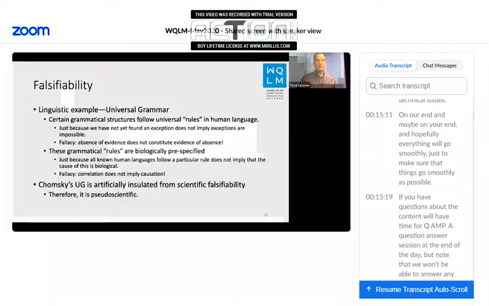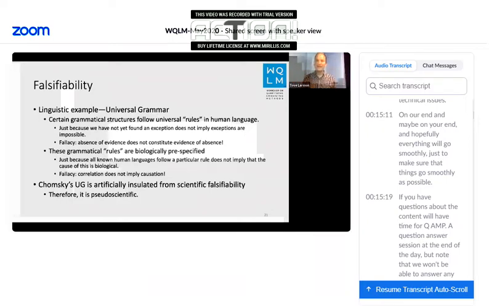But in both cases, universal grammar is artificially insulated from scientific falsifiability. It actually proposes hypotheses that cannot be tested and cannot be falsified. We don't have any scientific way of finding that they're false.